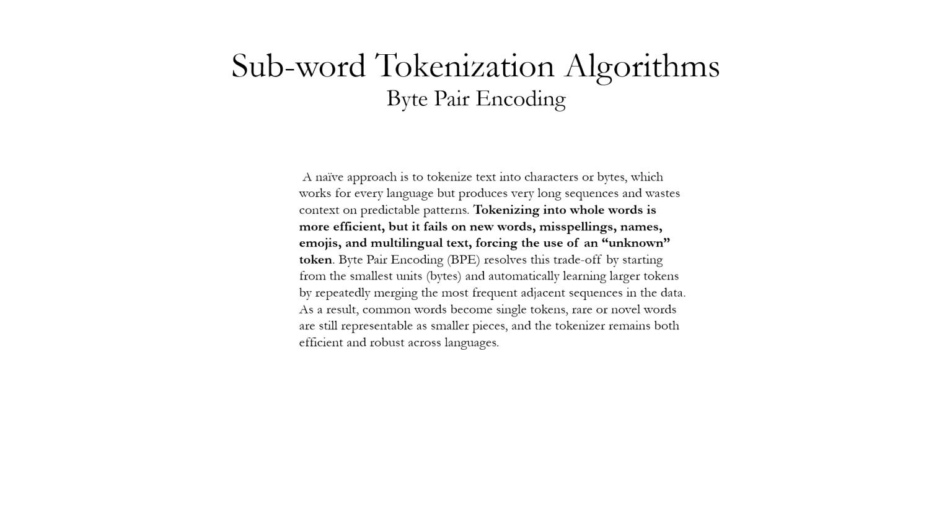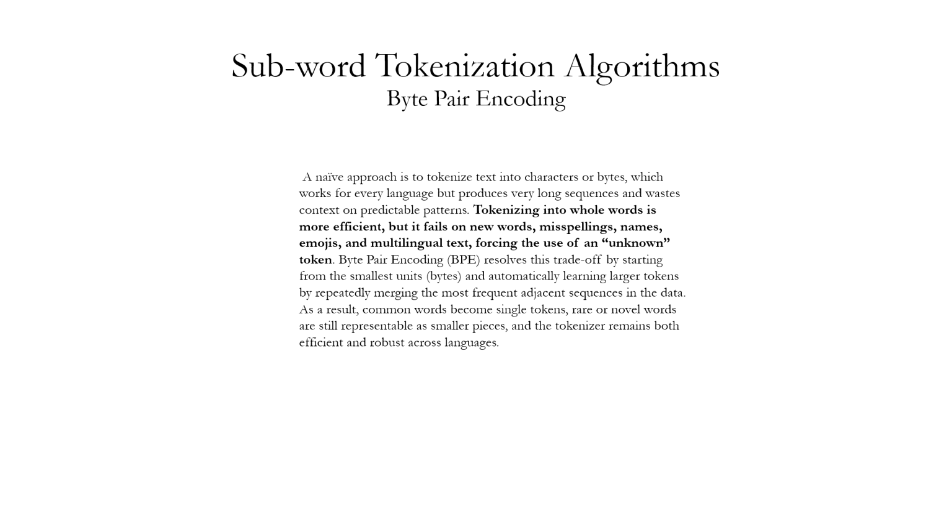Tokenizing into whole words is more efficient, but it fails on new words, misspellings, names, emojis, and multilingual text, forcing the use of an unknown token. So we saw that word unhappiness, right? That would be difficult if it wasn't in the vocabulary. But if we broke it down to un and happy and ness, obviously we could make better predictions.